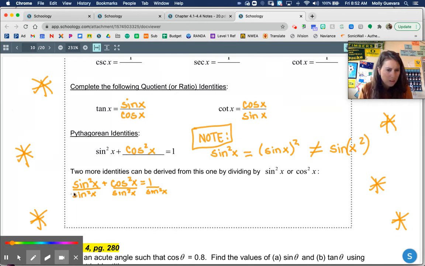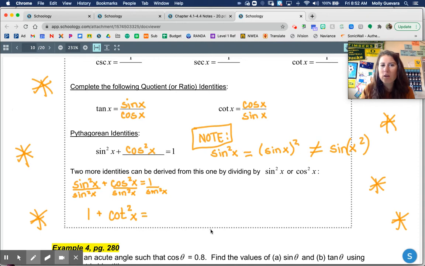Okay. So sine squared of x divided by sine squared of x, anything divided by itself is just 1. So that's 1 plus cosine squared of x over sine squared of x right here. Well, cosine over sine is cotangent. So if I have 2 of those, that just gets me cotangent squared of x, and that's okay to do.